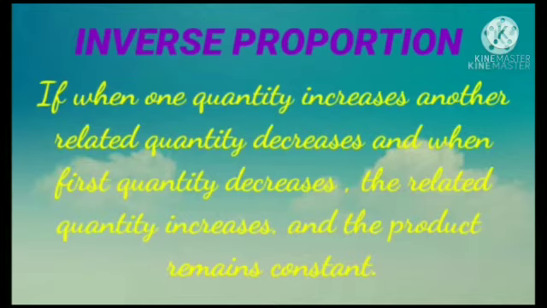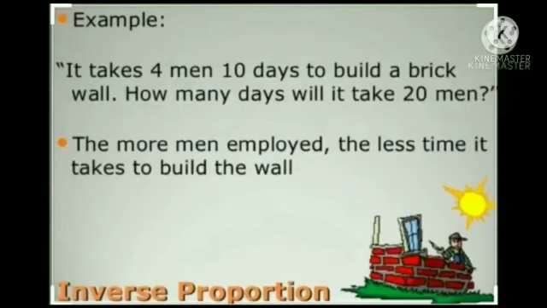In inverse proportion your product is constant. In direct proportion we have seen that your ratio is constant. Clear? Keep in mind that in inverse proportion the product is constant and in direct proportion the ratio is constant.